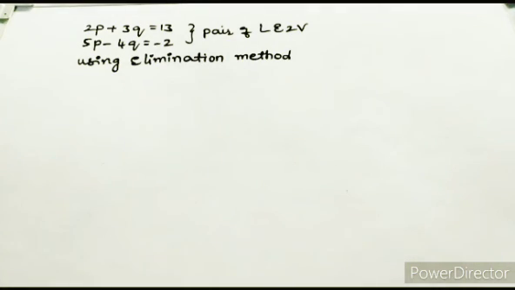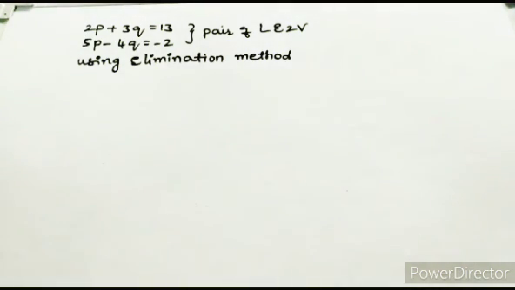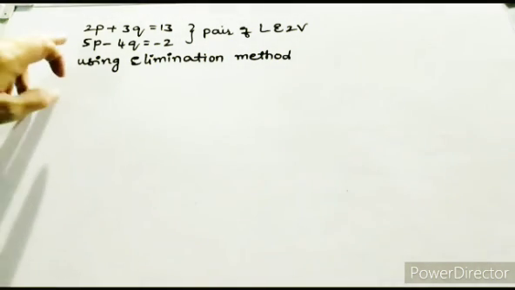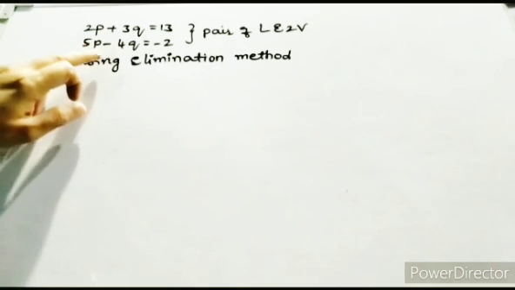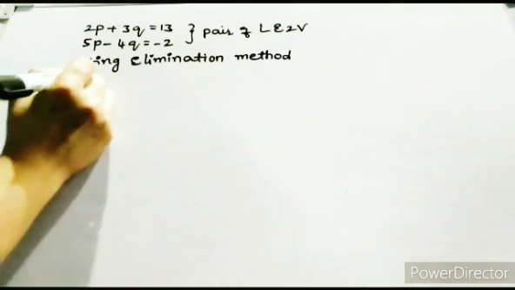What is the use of the elimination method? The coefficient of one of the variables must be the same, then only you can eliminate that variable. So you have to multiply the equations so that you get the same value. Multiply equation 1 by 5 and equation 2 by 2.